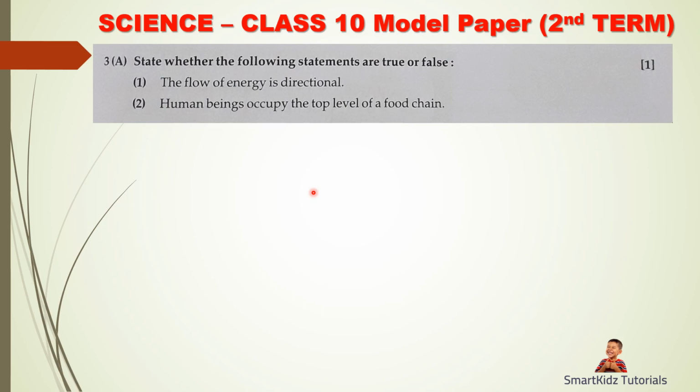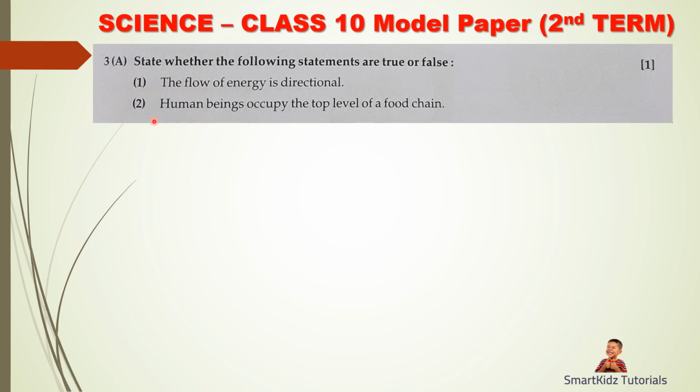Since it just says the flow of energy is directional, I would go with true because it is directional, but it is unidirectional. It moves from the lower trophic levels to the higher trophic levels, that means from the producers to omnivores or higher consumers. So to put it finally, 3A1, I would say it is true. The flow of energy is directional.